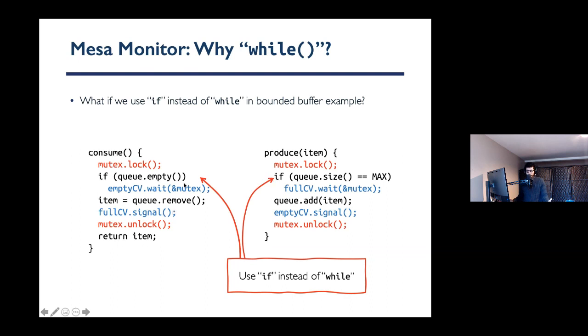while instead of if. Now, just to show you an example, for the sake of argument, instead of using while, let's use if with the Mesa implementation. I actually looked at the ECE 252 instruction manual or the lecture notes.